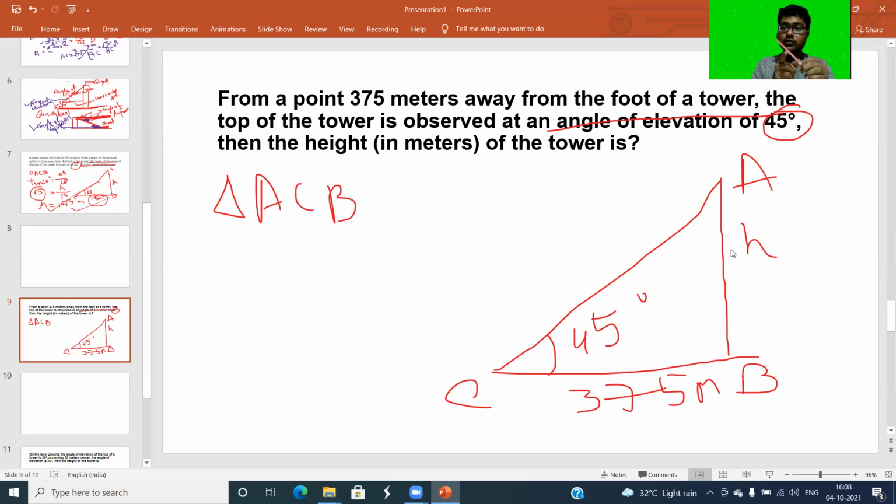Okay, angle faces this, it is height. Okay, clear?